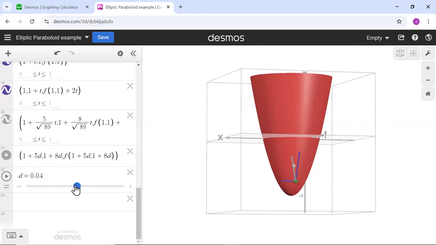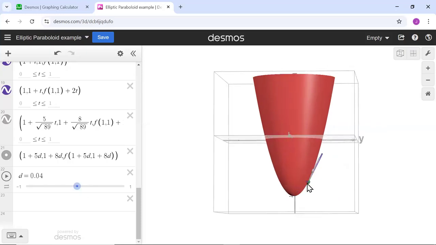Maybe that was going a little bit too fast. So here I'm starting at the negative. As my point is traveling in the direction towards the direction of vector 5, 8, it hits this point and then it's traveling up along the side of that surface. So going in that direction initially.